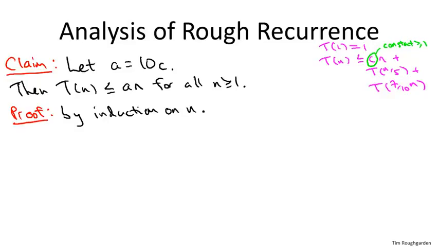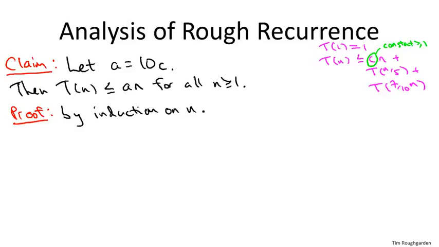You just go through the argument with a generic constant, and then you say, oh, if I set the constant to be this, I can complete the proof. We'll see that's exactly what's going to happen in the proof of this claim. It'll be obvious in the very last line why it shows a equals 10c. So I just reverse engineered it for what I needed for the proof. But to keep the proof easy to follow line by line, I decided to just, full disclosure, tell you the constant right at the beginning.